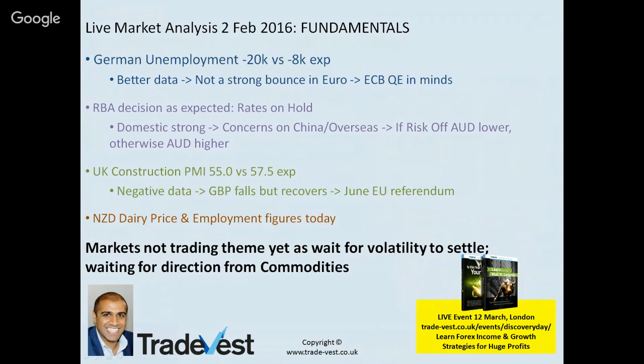So today, we had German unemployment figures, and we had much better data out. However, there wasn't an initial strong bounce in the euro. Okay, so we had really good German unemployment, which we know Germany is a big driver of the whole eurozone. However, on that better data, there wasn't a strong bounce.